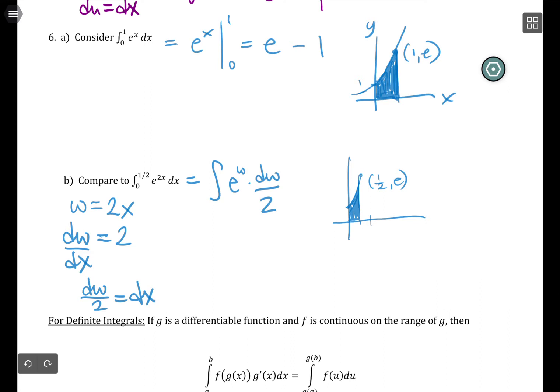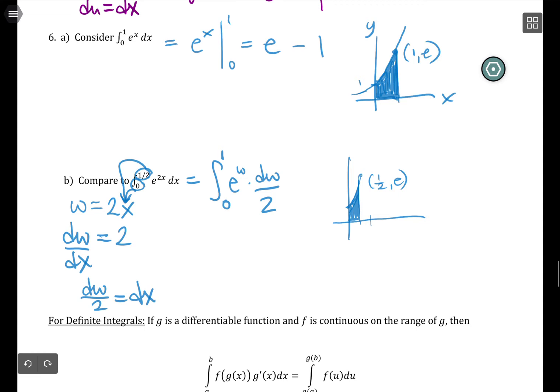And then we do have to change our limits of integration. So when we plug the 0 in, 0 was an x value. To find the corresponding w value, plug it in the formula. When x is 0, w is also 0. And then when we plug 1/2 in the formula, 2 times 1/2 is 1.